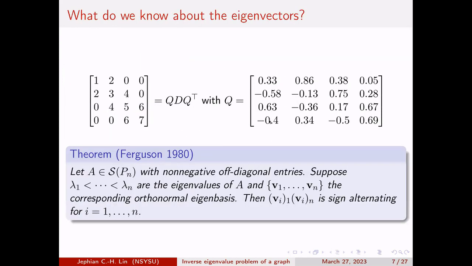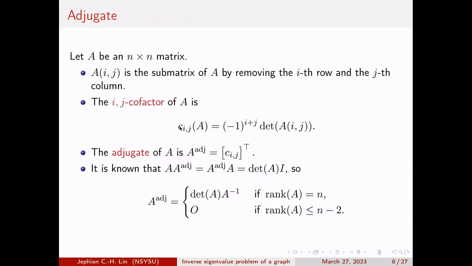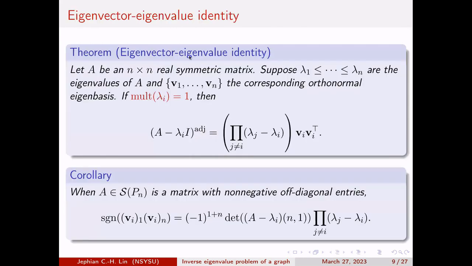But I just want to say that back in 1980, Ferguson cited a result that is the so-called eigenvector-eigenvalue identity. And if you follow some scientific media or news, this identity was sort of rediscovered by Terry Tao in 2019.